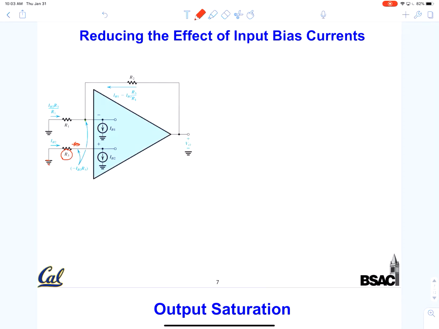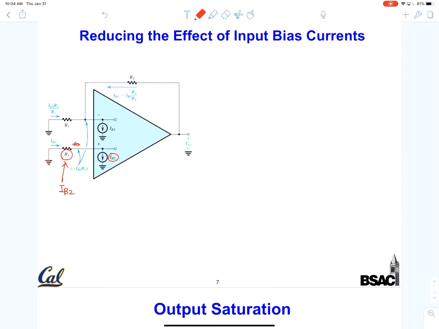But in the presence of finite IB2, now actually the current flowing there is not 0. So the current flowing through R3 is equal to IB2, because the input is draining that constant current.